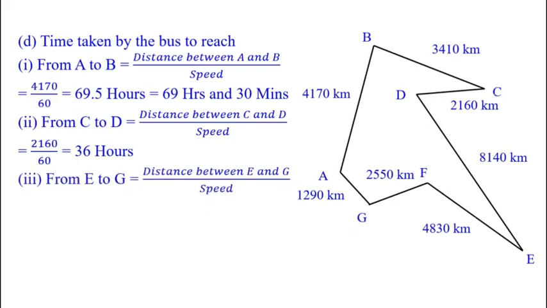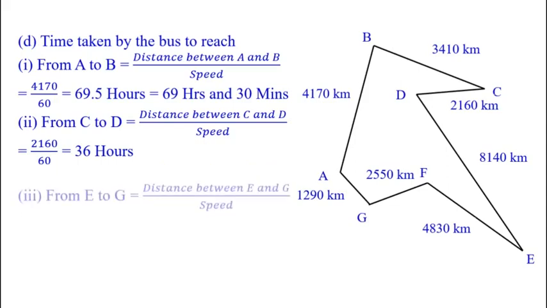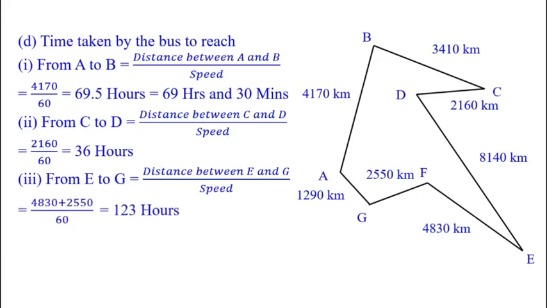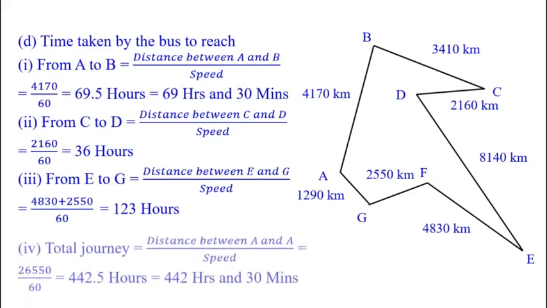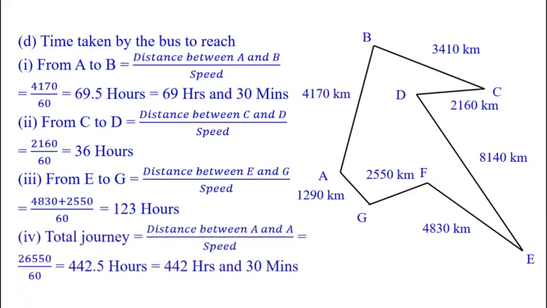Next question, from E to G. So distance between E and G divided by speed. So this is equal to 4830 plus 2550 divided by 60. So this is equal to 123 hours. Next, total journey.